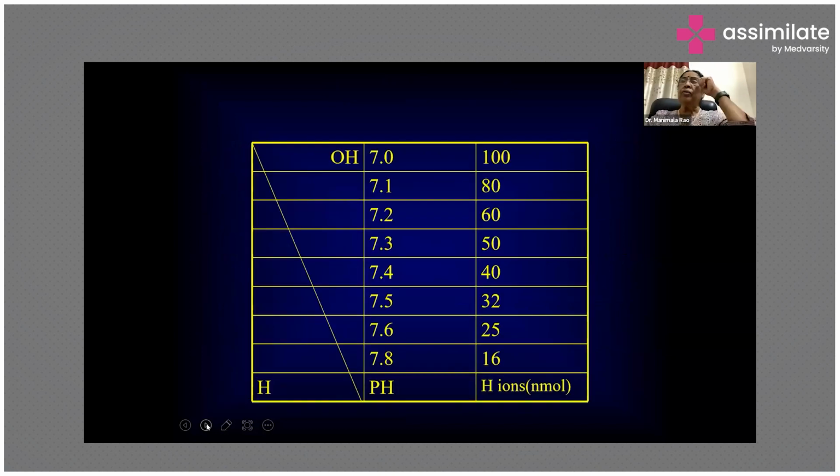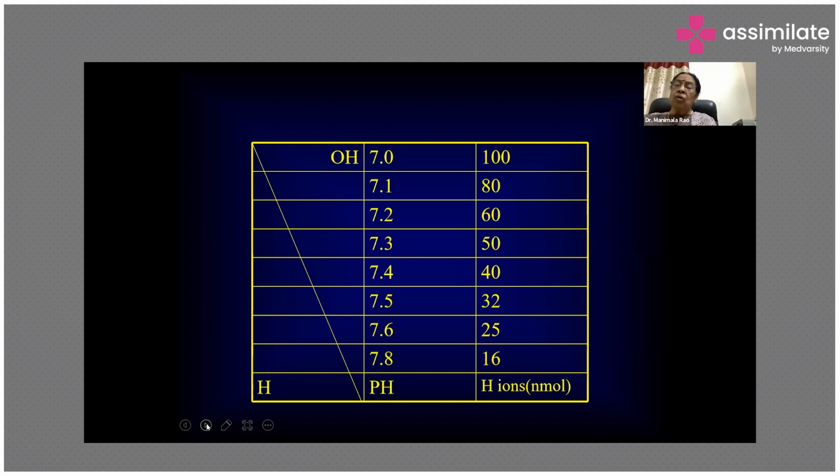Yeah. So now you know there are two things in the body: the hydrogen ions, which are acidic, and OH ions, or alkali. So these are the various things one has to remember. When the pH goes on decreasing, the H ions will increase. And when the pH is increasing, the OH ions will increase.